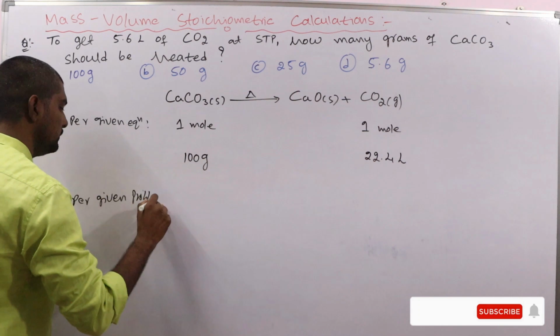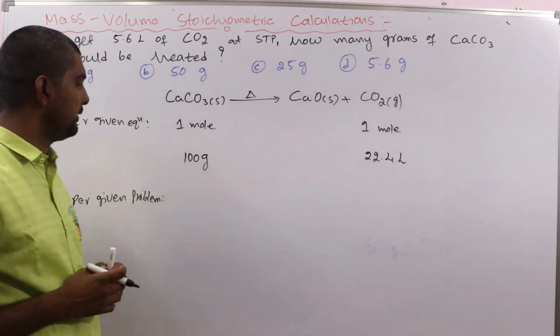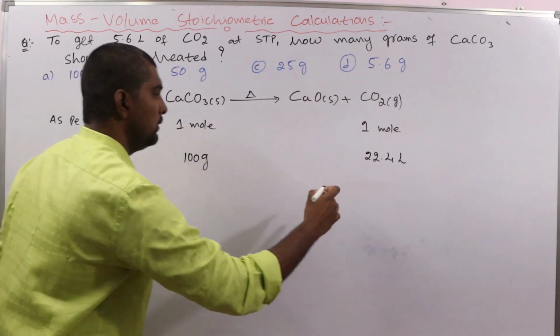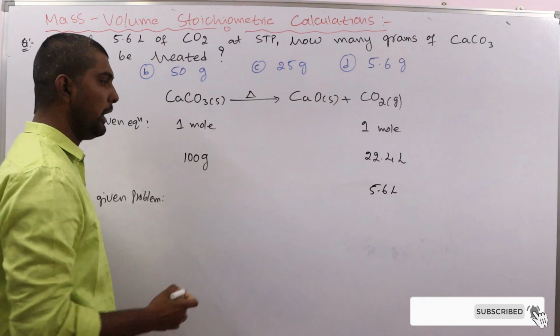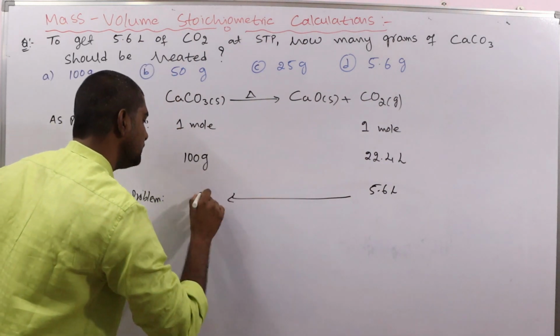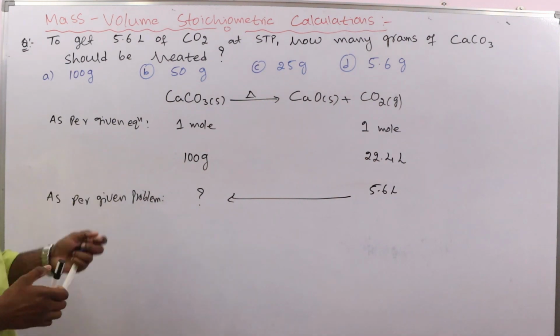This is the same procedure for all the types of stoichiometric calculations. Now, to get 5.6 liter of carbon dioxide, how many grams of calcium carbonate should be heated? This is the given problem.